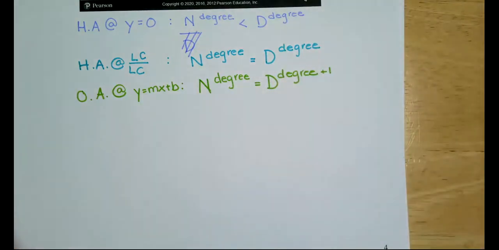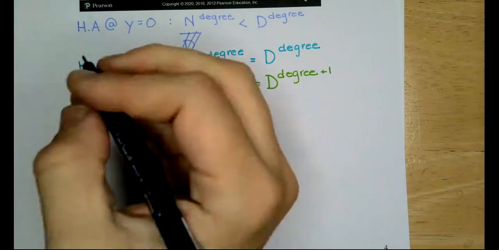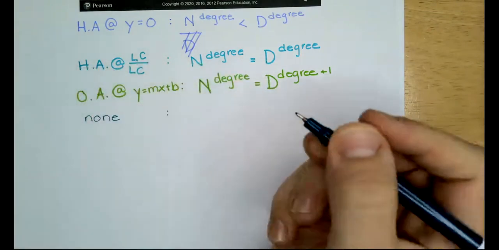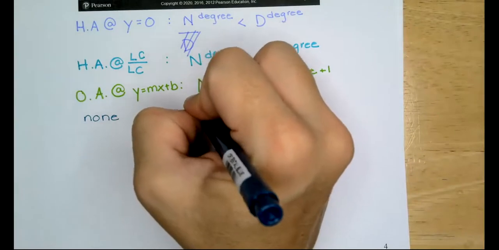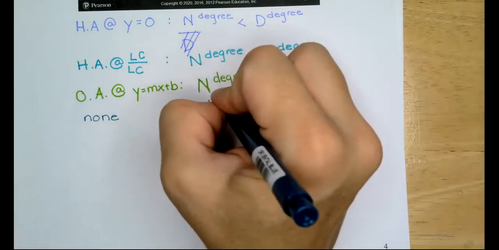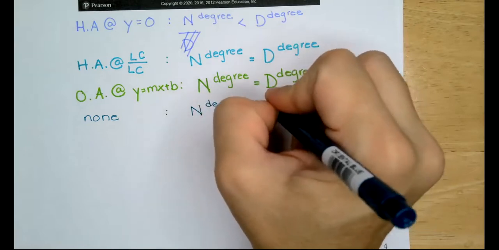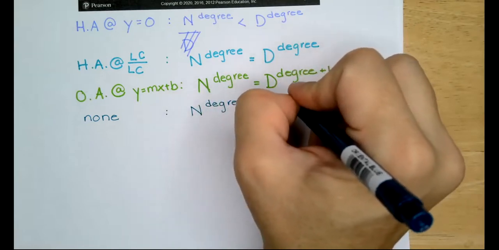And lastly, we have none when the degree of the numerator is greater than or equal to the degree of the denominator plus 2.